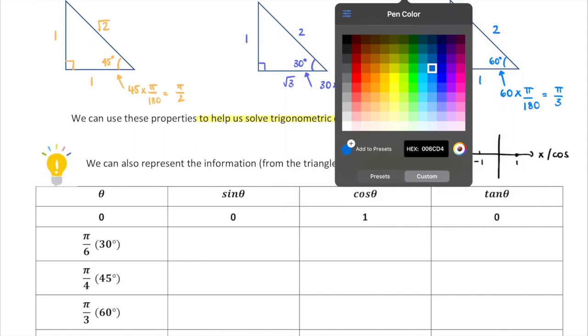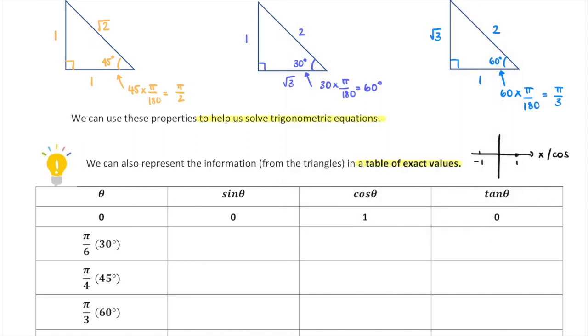So now filling in the information here, let's refer to our relevant right angle triangles to help us fill everything out. So starting with an angle of pi on 6, we know for sine that we're looking for our opposite over hypotenuse. So where the angle is pi on 6 or 30 degrees, we're looking at this right angle triangle here.